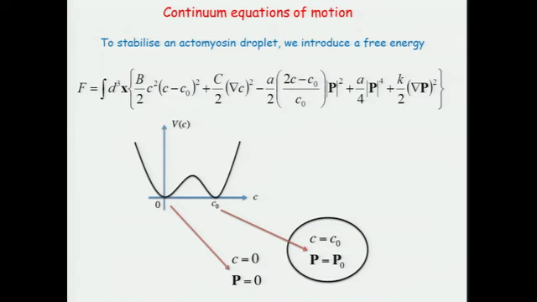Then there is another term which penalizes gradient fluctuations, related to the surface tension. And another term which changes sign if c is larger than c0. If c is larger than c0, you want to have some p which is different than 0. It's like Landau theory: you like to have positive p, otherwise you like to have 0 p. That's a simple way to plant a droplet of actomyosin which has a non-zero concentration in its interior.